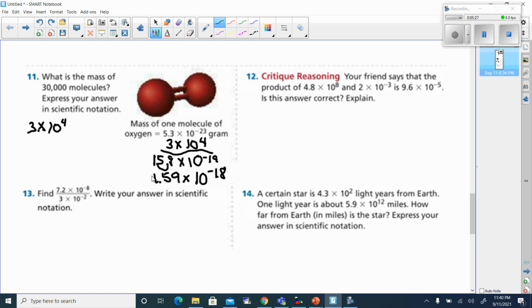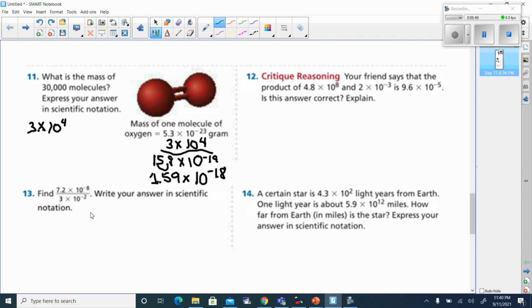All right. Next, we've got number 13. Find 7.2 times 10 to the negative 8 power over 3 times 10 to the negative 2 power. Write your answer in scientific notation. Okay.